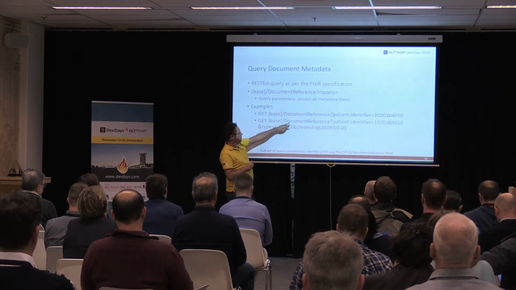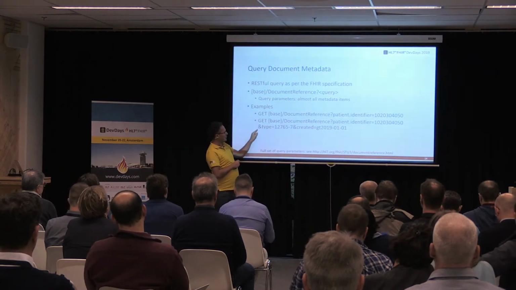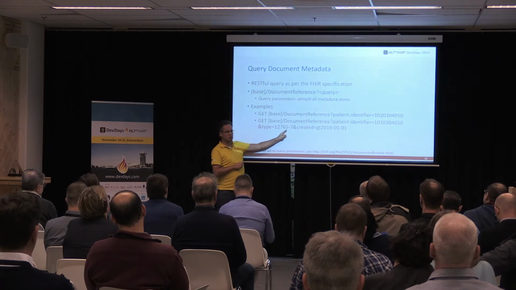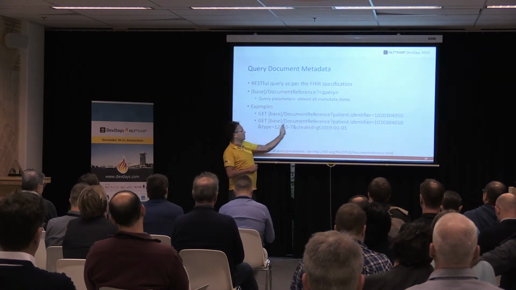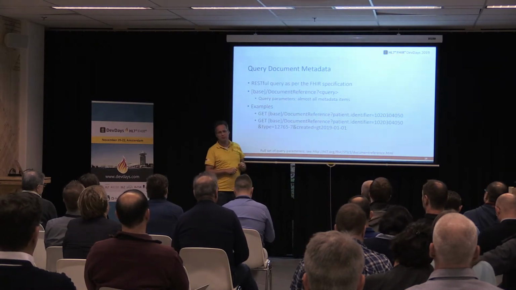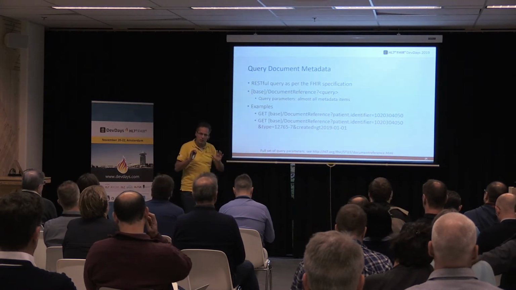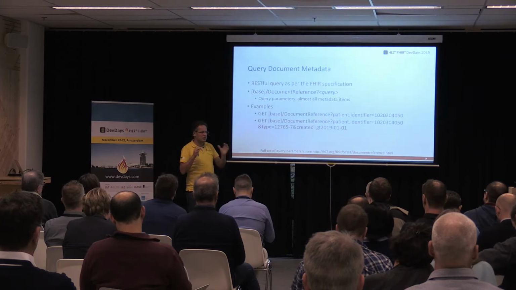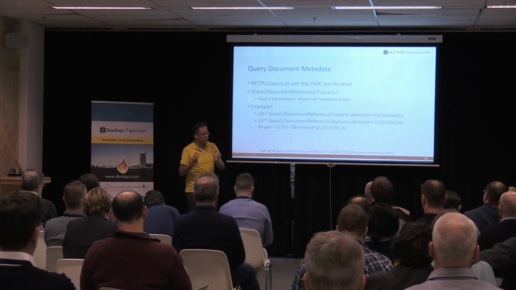Or give me all document references for the patient with a certain citizen identifier, and those documents should be of type such and such, a discharge letter, I don't know what this type actually is, and documents created after the 1st of January 2019. So you can basically use the full power of the query mechanism that FHIR has in order to query for document references, which means you have metadata sets, and in the metadata set you have a reference or embedded the actual document itself.